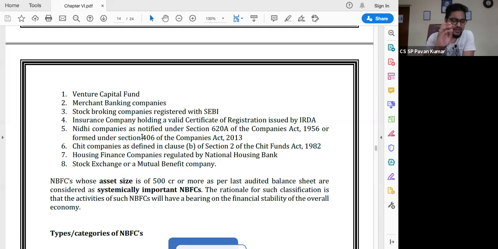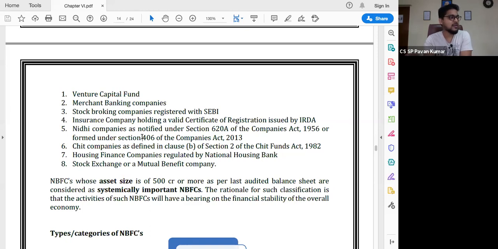It can be a venture capital fund, merchant banking companies, stock broking companies, insurance companies, Nidhi companies, chit companies, housing finance companies, or stock exchange companies, where the regulator will be either SEBI, or IRDA, or the state government authorities, or the Ministry of Corporate Affairs.